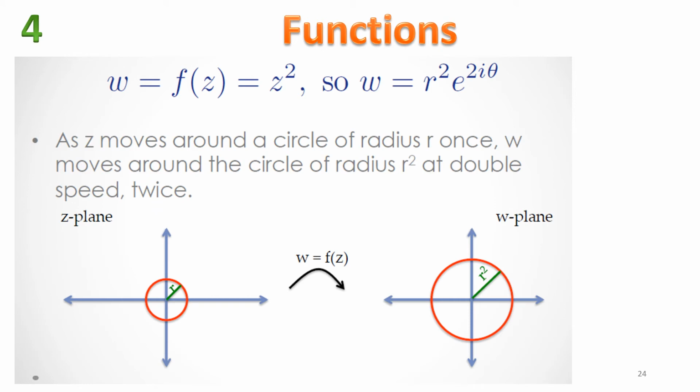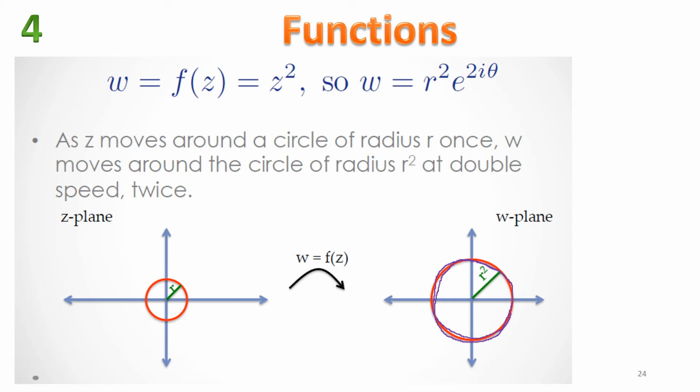So here z is represented by a circle of radius r and we have theta rolling over 2 pi, so that it describes the circle once. When we have w equal to f of z, we have a circle of radius r square instead of r, and here this is revolving twice. So the story is that we are having one revolution and then one more revolution.